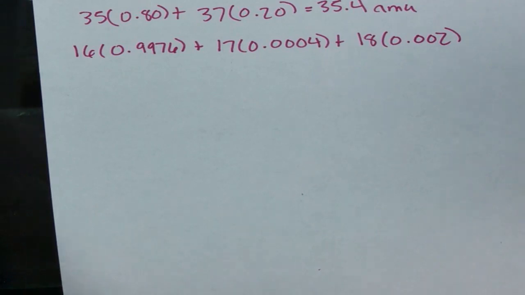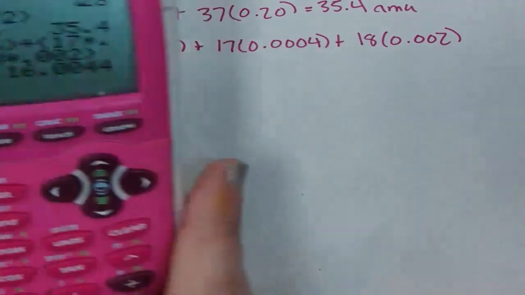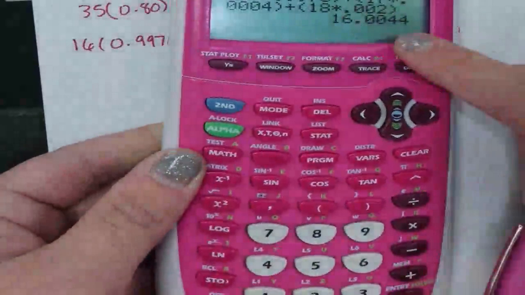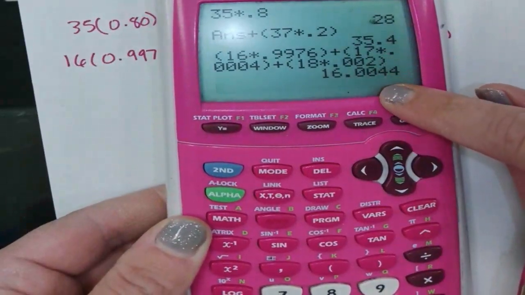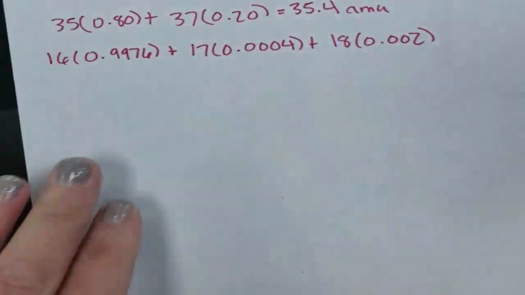So 16 times 0.9976 plus 17 times 0.0004. And then that's going to add 18 times 0.002. And we end up with a value, according to our calculator, of 16.0044.